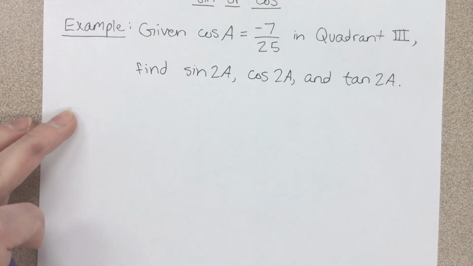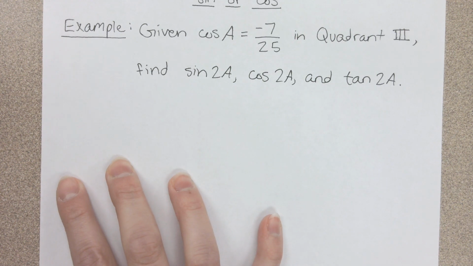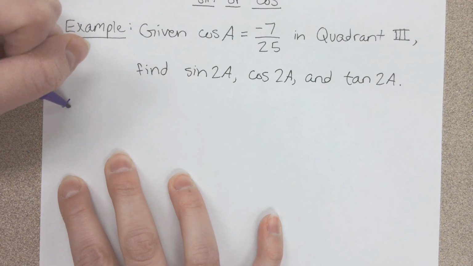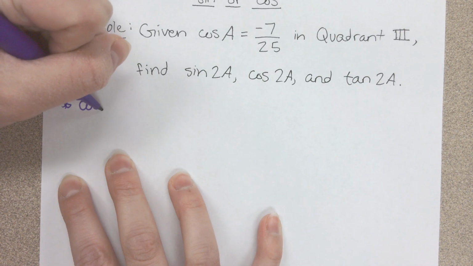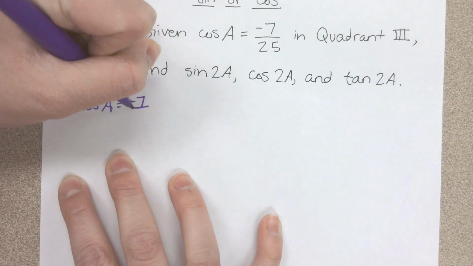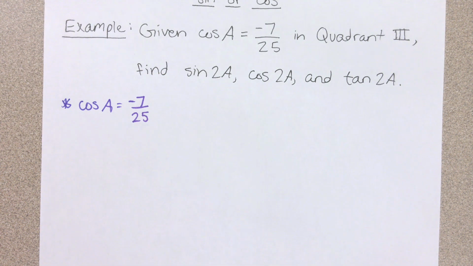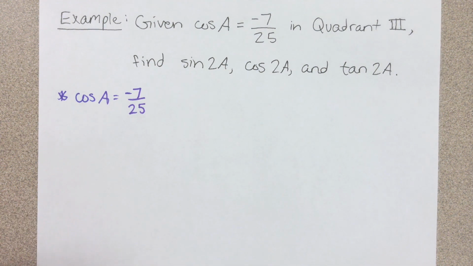This is going to involve a tad bit of graphing. So we have cosine of A equals negative 7/25. To use the formulas, we need to know the values of sine and tangent as well.